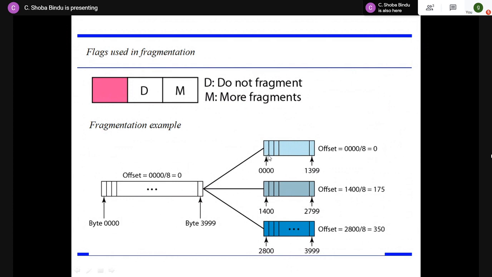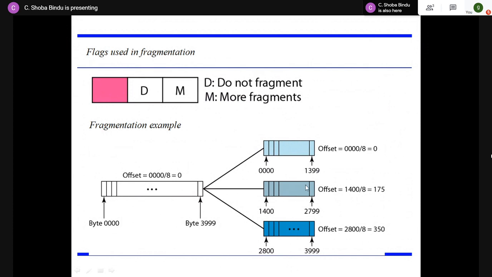The first byte is starting at 0. The offset is represented in units of 8 bytes, so 0 divided by 8 comes to 0. So that is the first fragment offset.